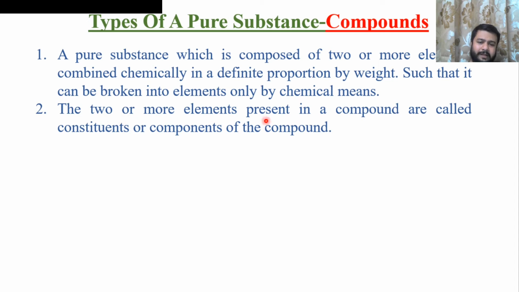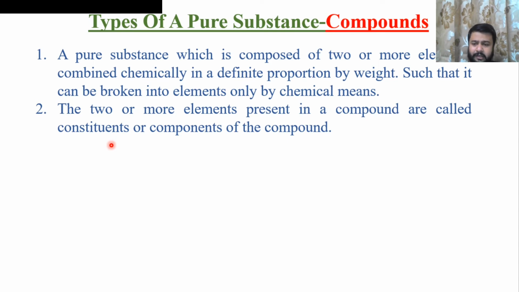Two or more elements present in compound are called constituents or components of the compound. For example, sulfur dioxide. So sulfur and oxygen, these two elements are constituents of that particular compound. Calcium carbonate. So calcium carbonate constituents are calcium, carbon and oxygen.